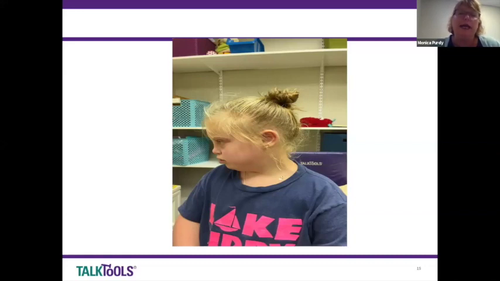We've taught her to read, and she's above her class level with typical peers in reading. So I just wanted to show you what oral placement can do for someone. And she's going to have a much better opportunity in life because she can communicate and because her speech is going to be intelligible.